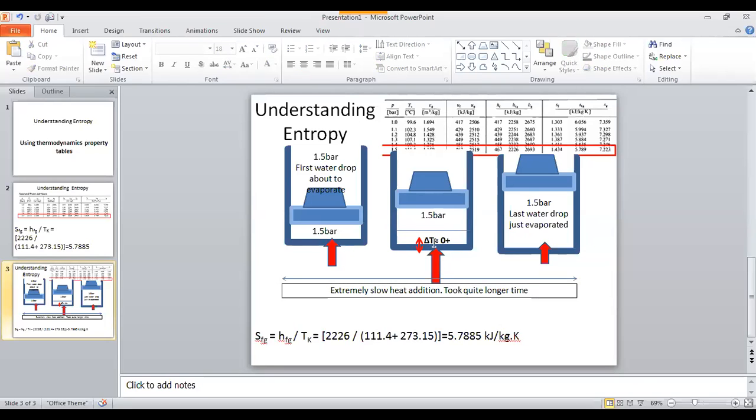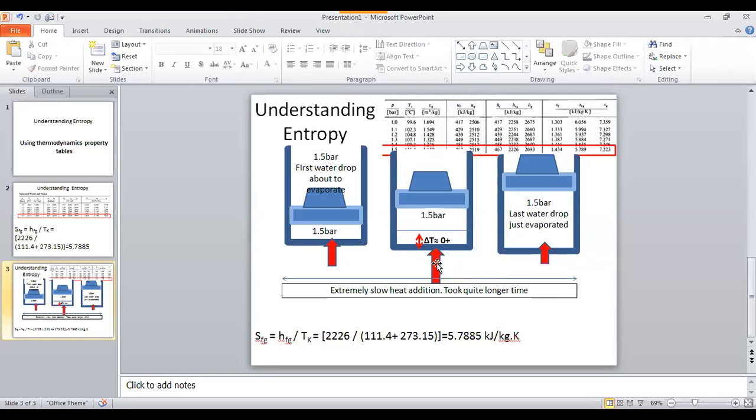Not to say zero, there should be a temperature difference, but it is extremely small.